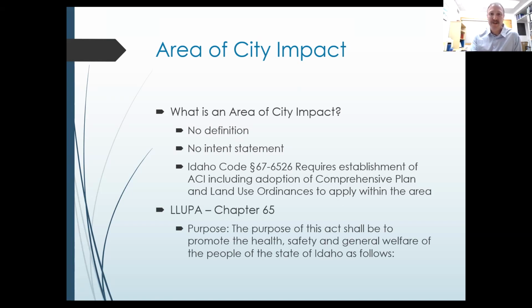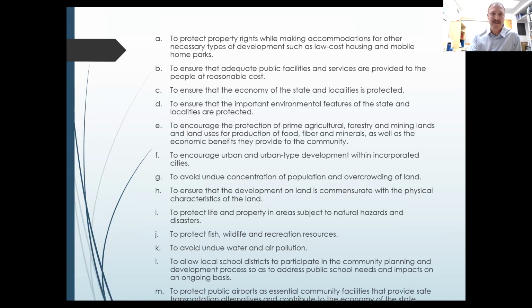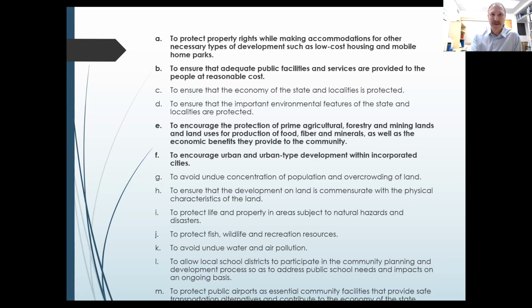The purpose of this act shall be to promote the health, safety, and general welfare of the people of the state of Idaho as follows. And then you have these 13 purpose sentences here. And trying to figure out area city impact, I wanted to highlight a few of those. First one, to protect property rights while making accommodations for other necessary types of development, such as low-cost housing, mobile home parks; ensure that adequate public facilities and services are provided to people at a reasonable cost.